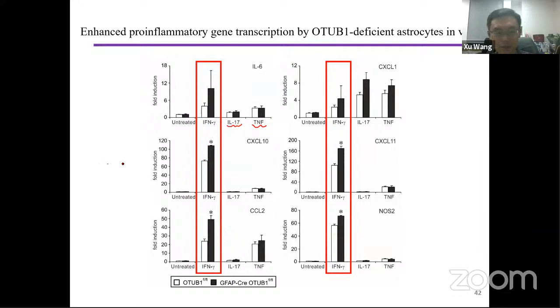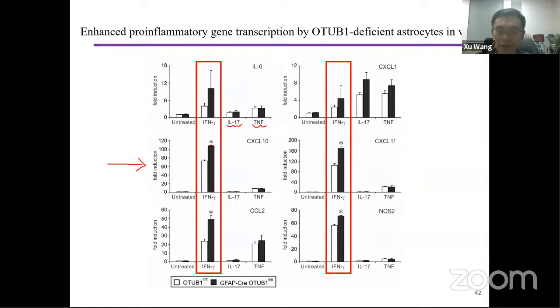This is a good example here, because the black bar means OTUB1 deficient or knockout astrocytes. The white bar indicates the normal astrocytes.